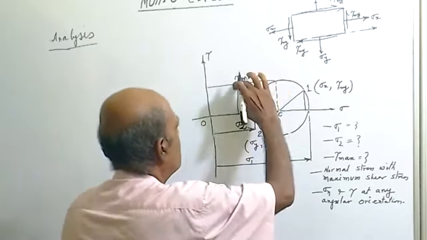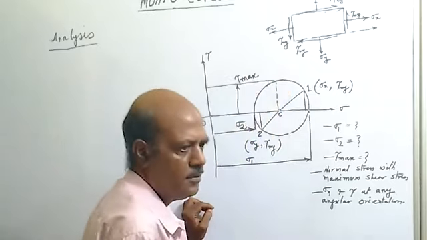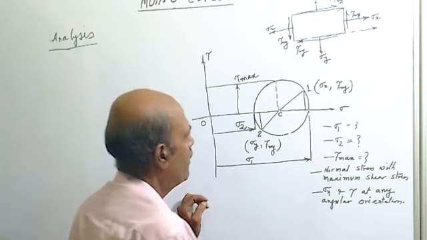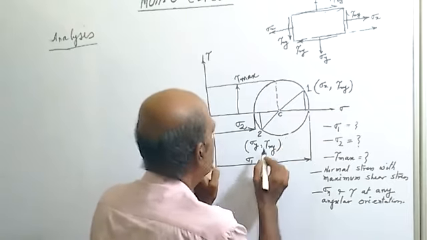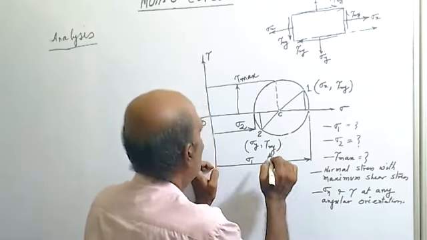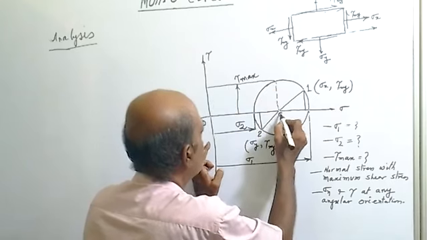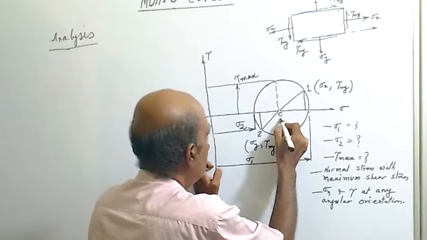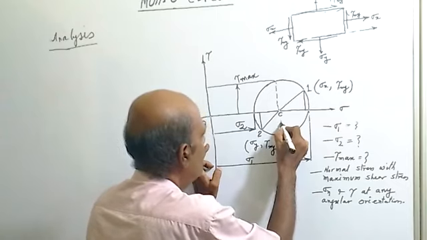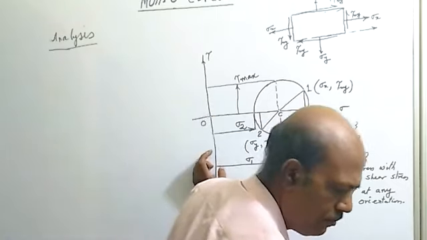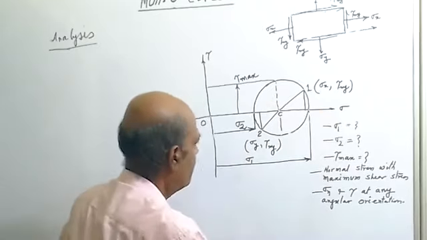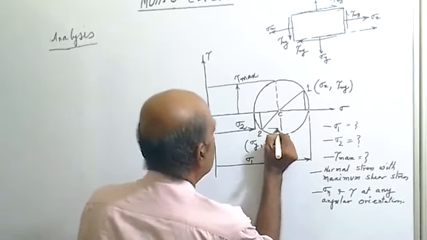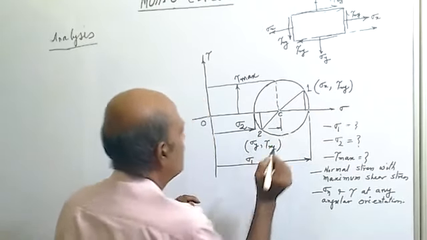So that means this value will be tau max, and the normal stress which will occur along with this tau max, this value will be the normal stress which will occur with maximum shear stress plane. So we will measure this value.